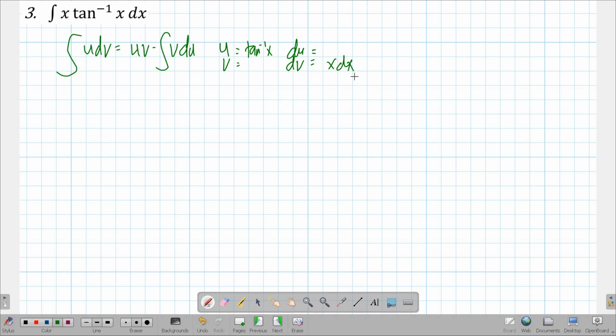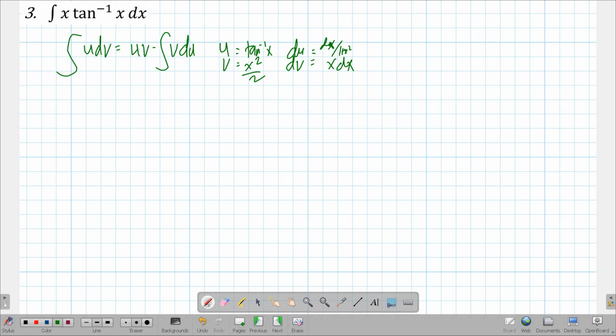So with that in mind, the derivative of inverse tangent of x becomes dx over 1 plus x squared. And with x dx as our dv, our v becomes x squared over 2.